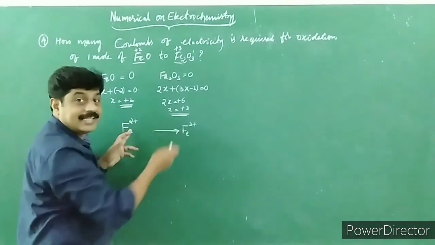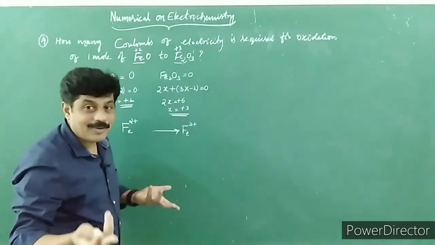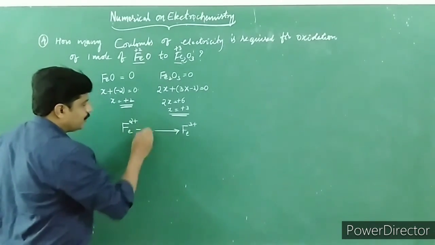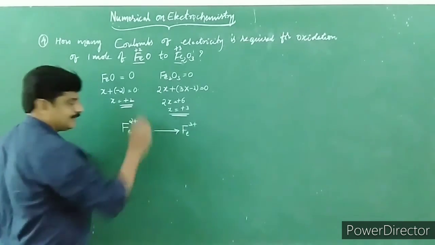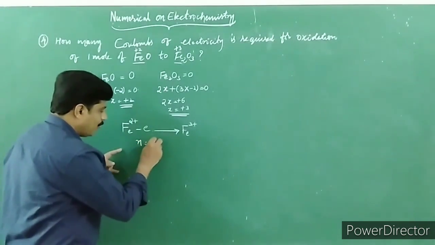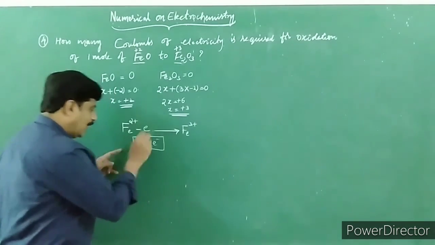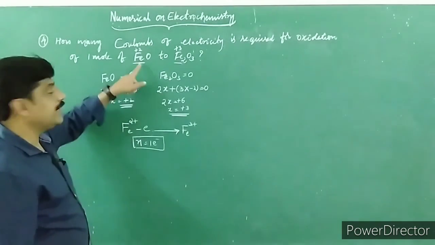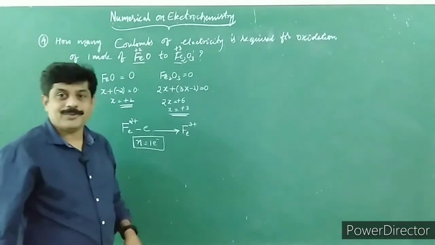That means an increase in oxidation state is nothing but oxidation. In that case I need to remove 1 electron here. That means n is equal to 1 mole of electrons. So 1 mole of electrons is required for the conversion of 1 mole of FeO into Fe2O3.